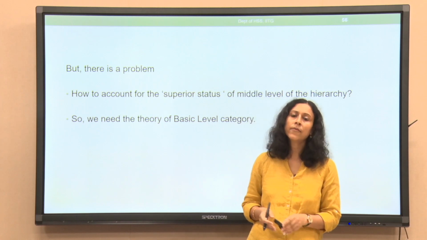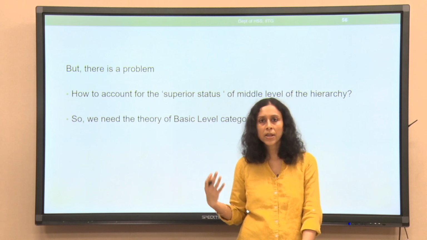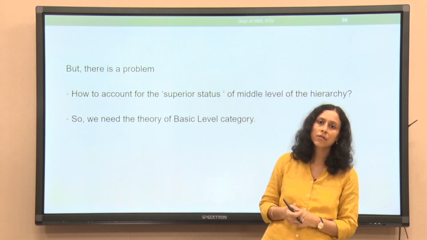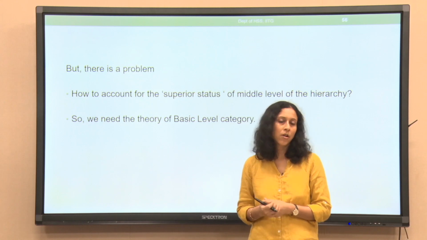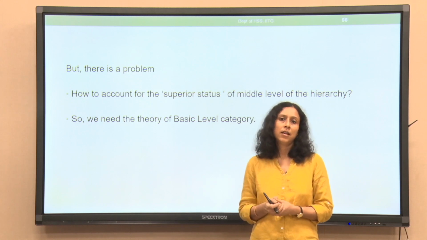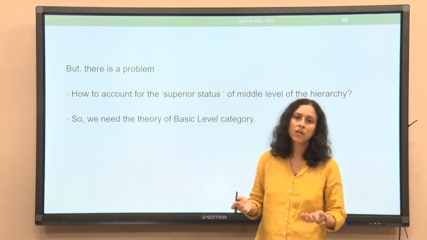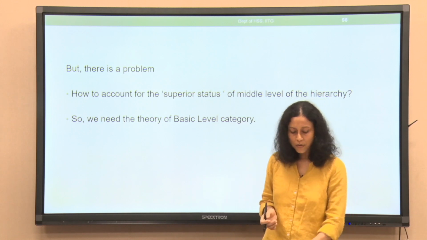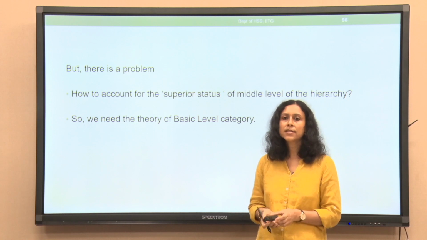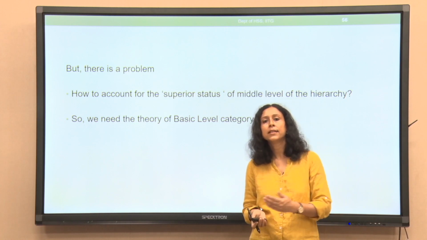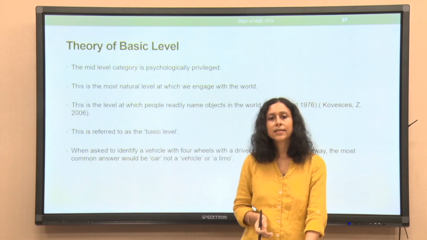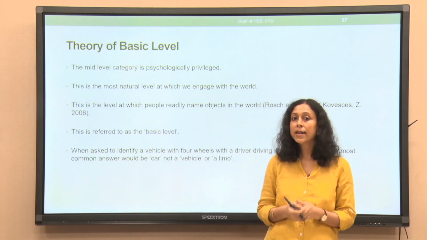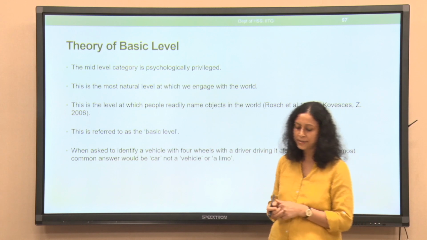So, right now if I hear a noise of a car moving crossing under my window, we will not say there is a vehicle that went, or we will not even say that this is a 2013 model of this and that brand. What we will say, there was a car. So, this car is actually the mid level in that entire hierarchy.